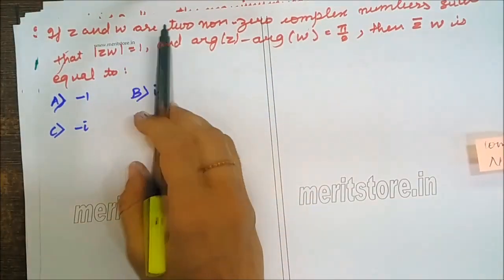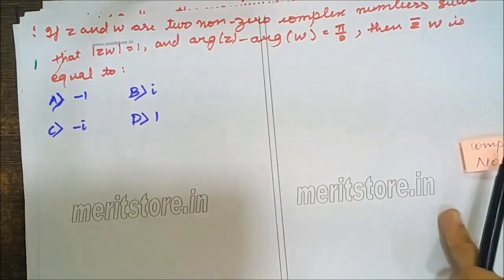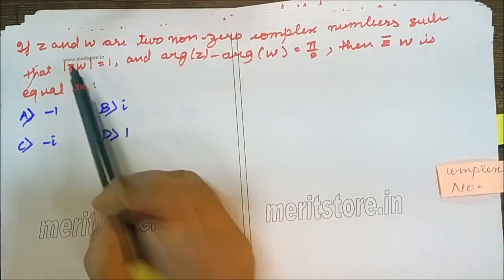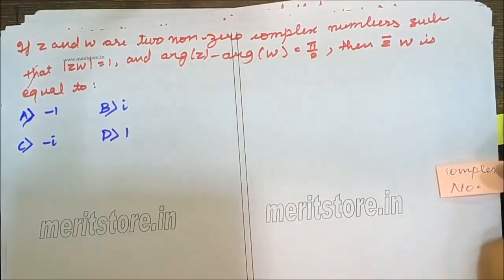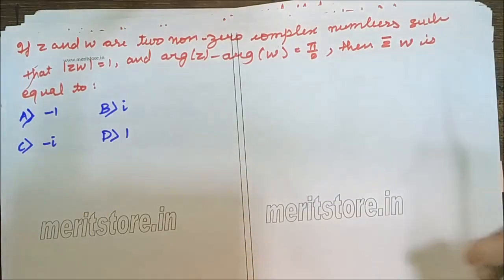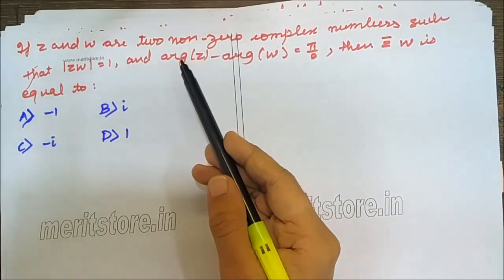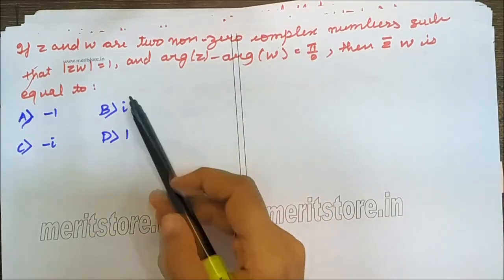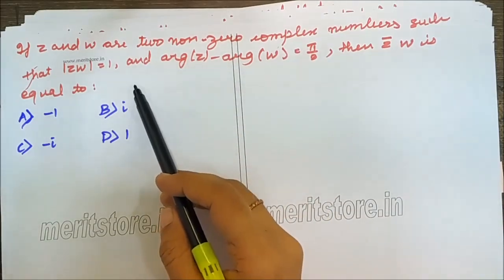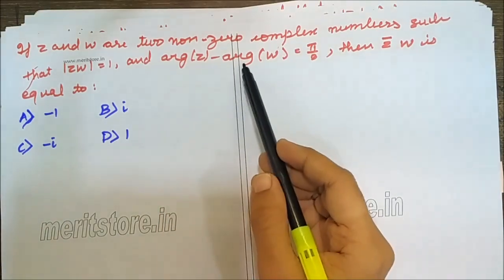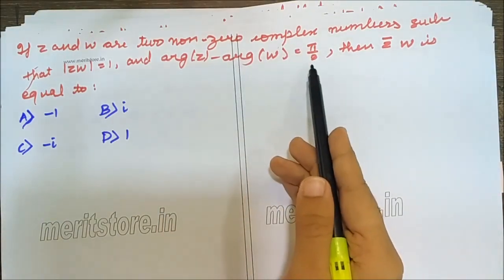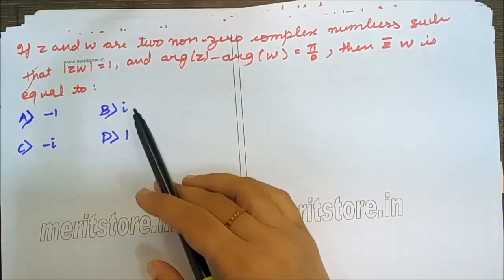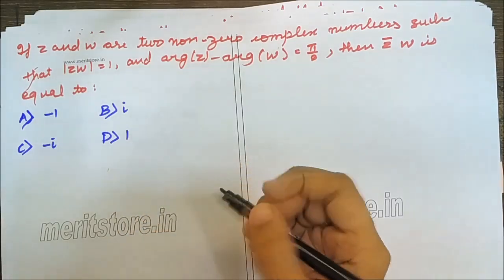If z and w are two non-zero complex numbers, and zw is equal to 1, and argument of z minus argument of w is equal to pi upon 2, then modulus of z is equal to a, b, c and d.